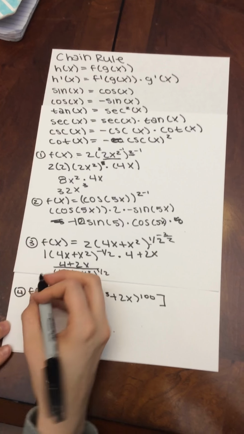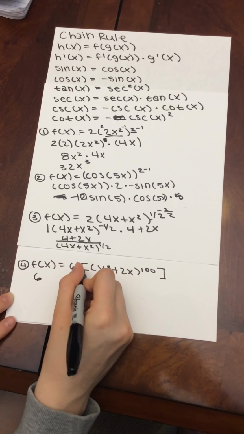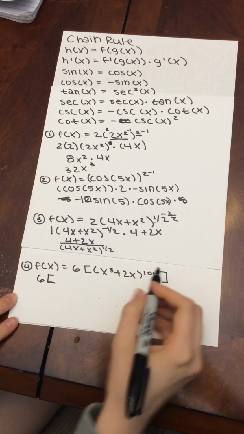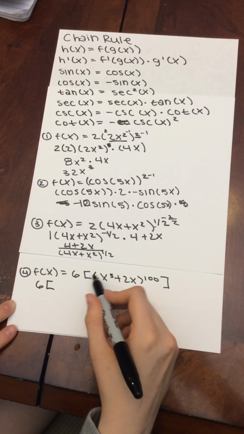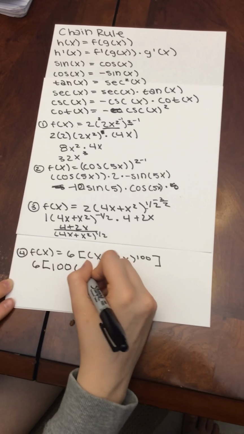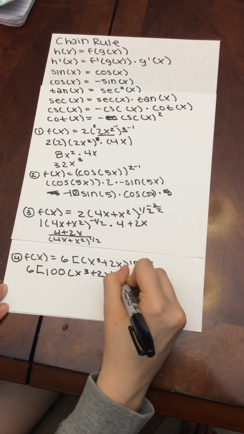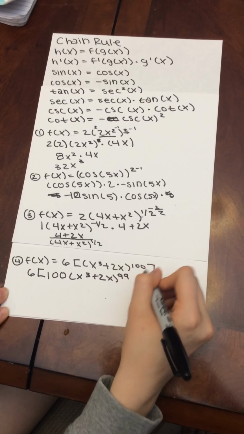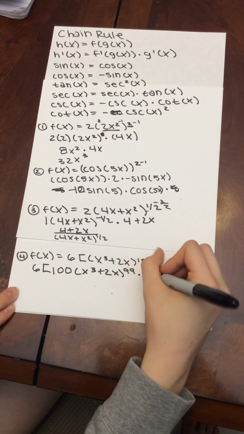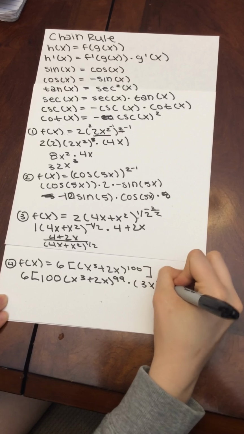So you're going to do the same thing. You're going to keep that 6 on the outside. And since you have these parentheses going around the whole thing, you're going to keep that there. And you do the 100 times the imaginary 1. So you have 100 times (x to the power of 3 plus 2x) to the power of 99, because 100 minus 1 is 99, times the derivative of this inside, which is 3x squared plus 2.